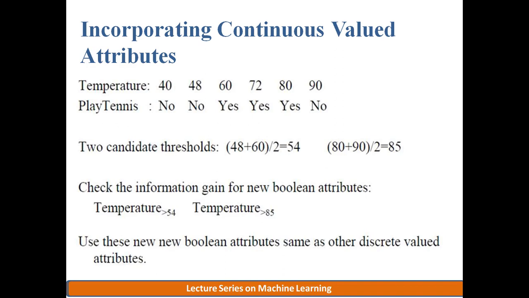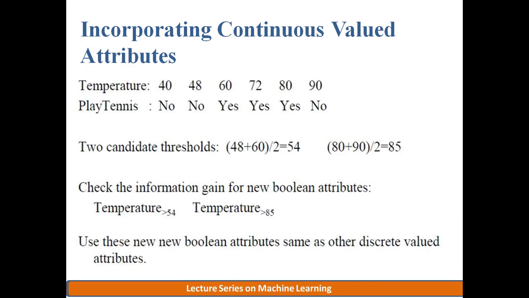Now, what threshold based Boolean attribute should be defined based on temperature? Clearly we would like to pick a threshold C that produces the greatest information gain. By sorting the examples according to the continuous attribute A, then identifying the adjacent examples that differ in their target classification, we can generate a set of candidate thresholds midway between the corresponding values of A. We can show that the value of C that maximizes information gain must always lie at such a boundary.